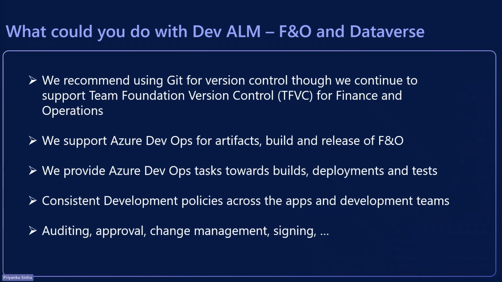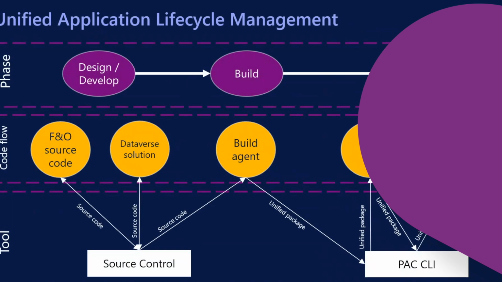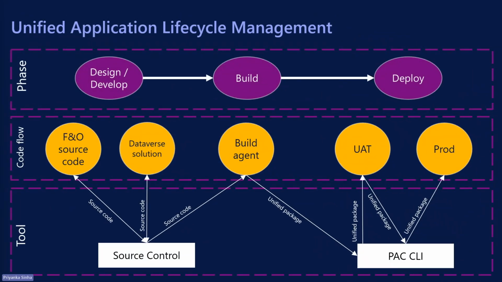Moreover, Unified ALM allows for the implementation of consistent development policies across applications and teams. Other standard features can also be utilized, such as auditing, code review, code release approvals, change management, signing, and there are many more. So let's go through the unified application lifecycle.